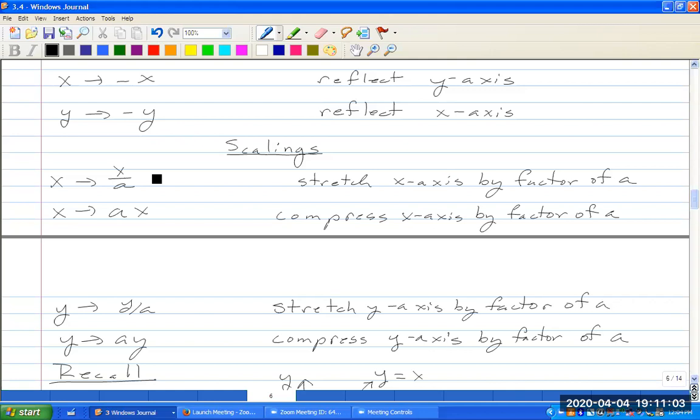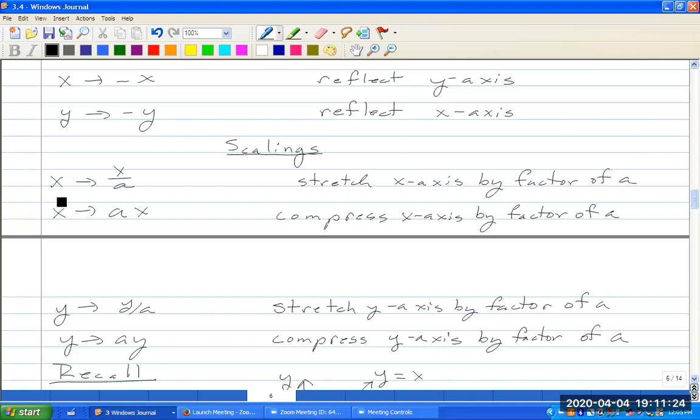So I will stretch the x-axis by a factor of a. I'll multiply by a in the x direction. So if I have the transformation where I replace x by x over a, I will stretch the x-axis by a factor of a.